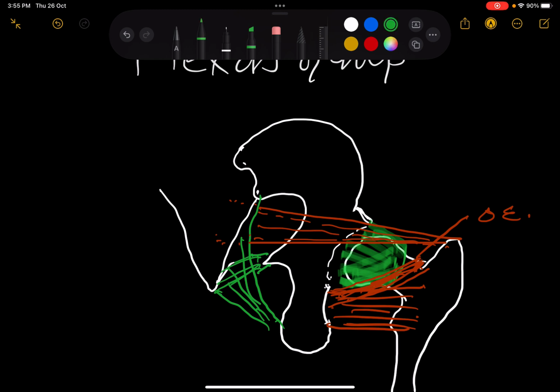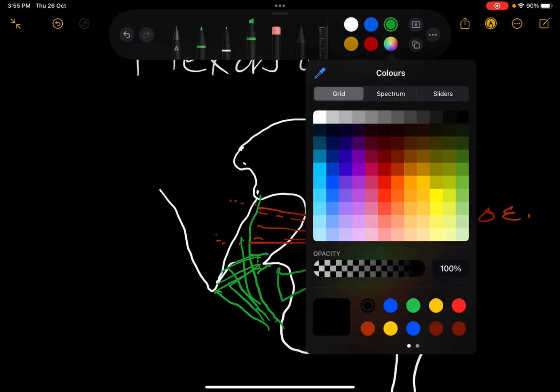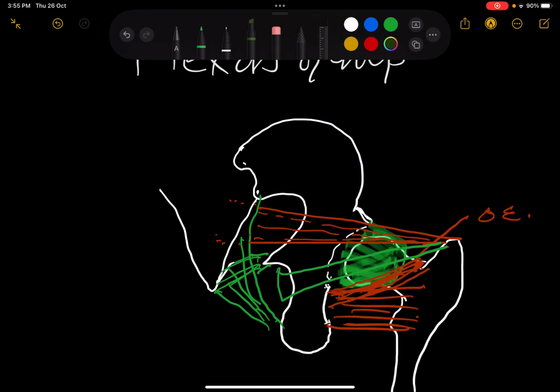We will get the obturator internus tendon emerge out of the lesser sciatic foramen and get inserted, so this is the tendon, get inserted into the intertrochanteric crest.